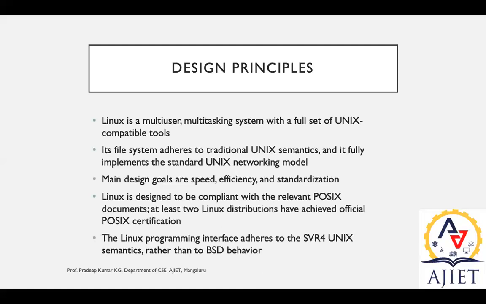So the major goals are speed, efficiency, and standardization. Speed with respect to how fast your calculation should take place, how fast the program should give the results, how fast it should behave for the inputs, efficiency and accuracy, and a level of standardization should be maintained. So these are the main design goals.